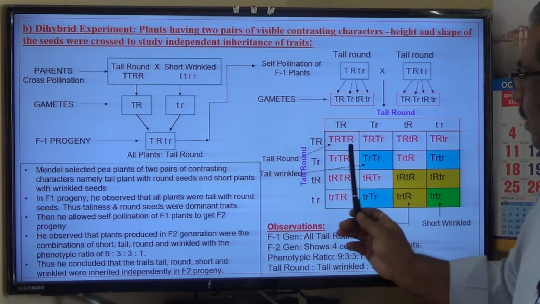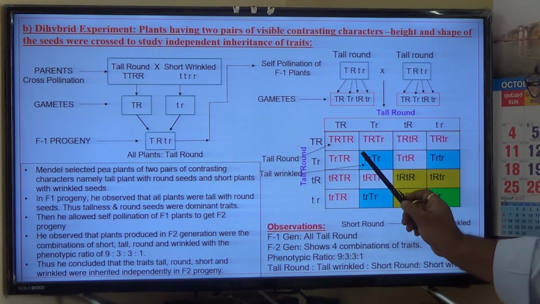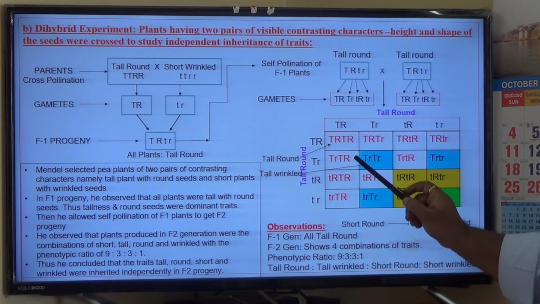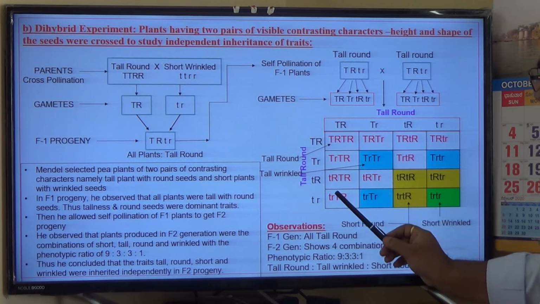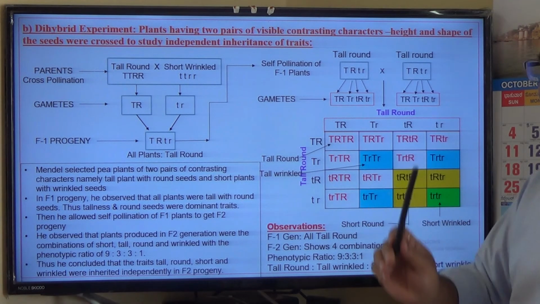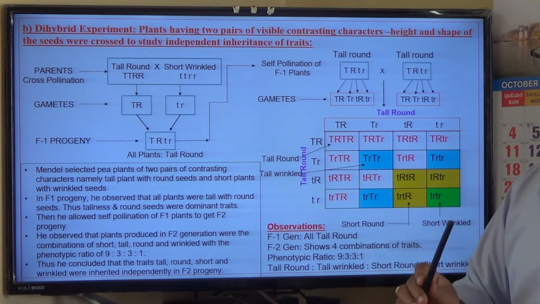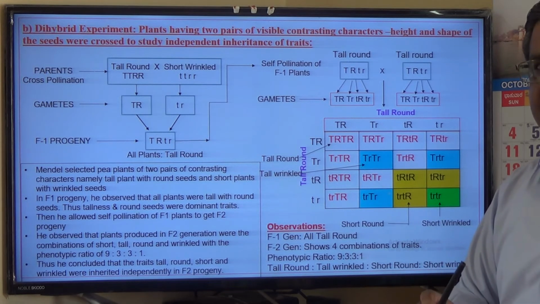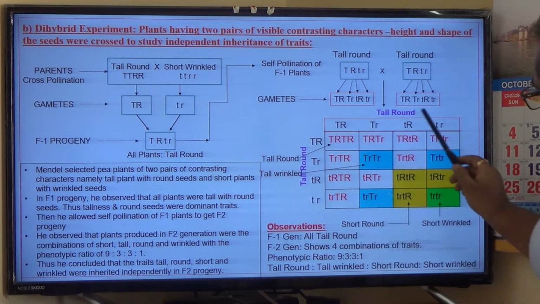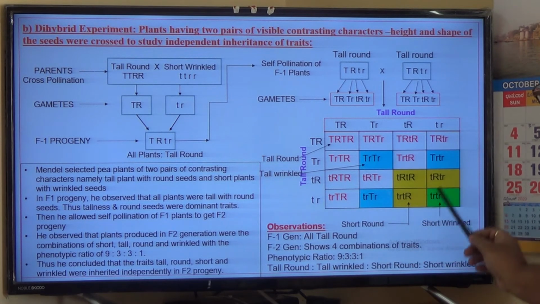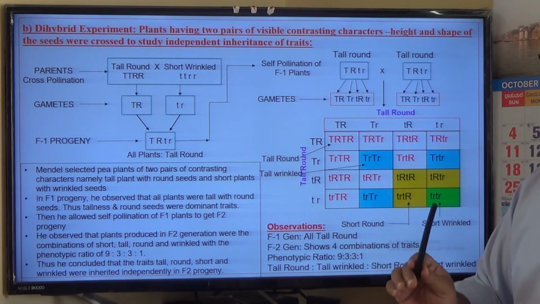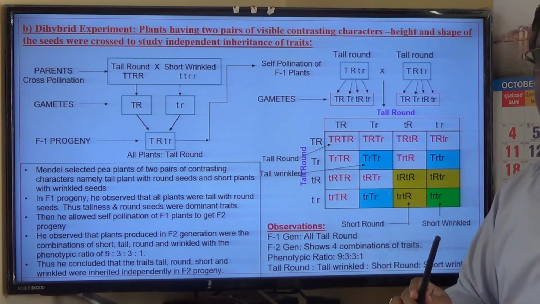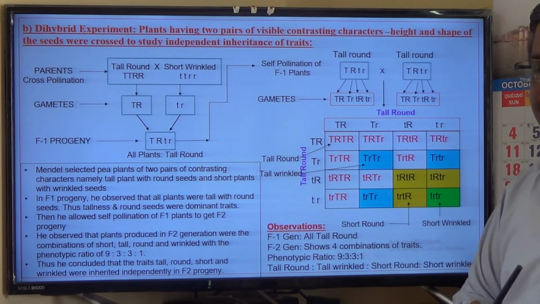Now look, I have already grouped together certain combinations. Wherever we find capital T and capital R, we know that these are dominant traits. So wherever in this entire Punnett square you find capital T and capital R, then definitely the plant is tall and with round seeds.